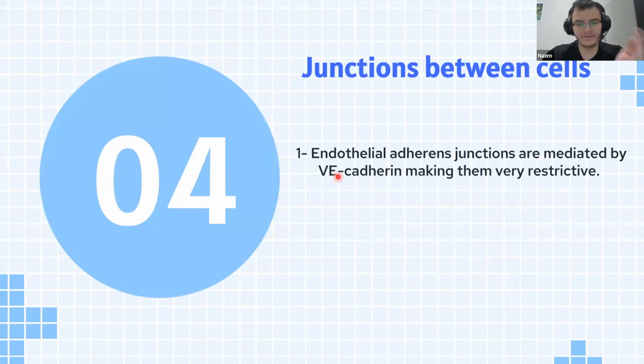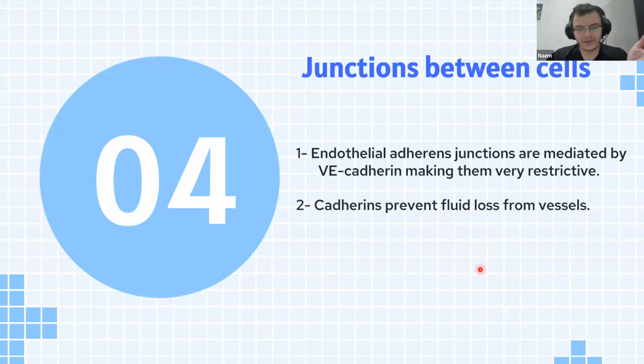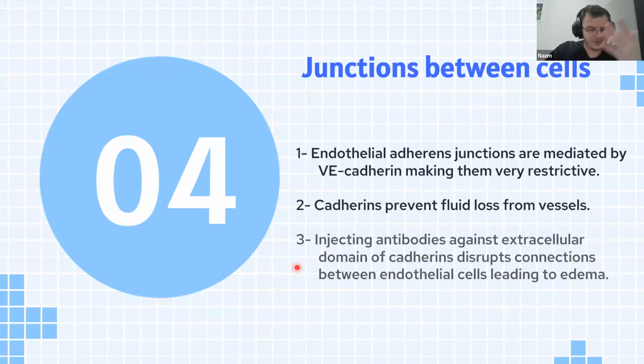The VE cadherins mediate the endothelial adherence, and they make it very restrictive. Cadherins prevent fluid loss from the vessels. Again, I genuinely hate this part. It's pure memorization. Now, this is a point that I need you to understand.